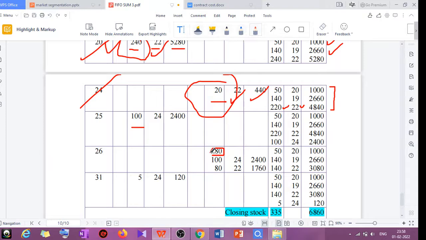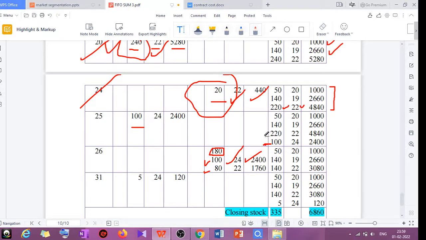Total we have to issue 180. From the last lot we have to give. Got it? LIFO method. From the last lot, that is 100 units at the rate of 24, it will be 2400. Got it? Still how much pending? 80, right? Still 80 we have to issue.